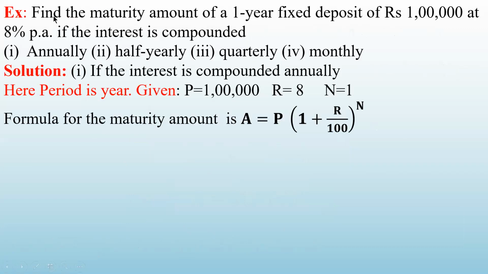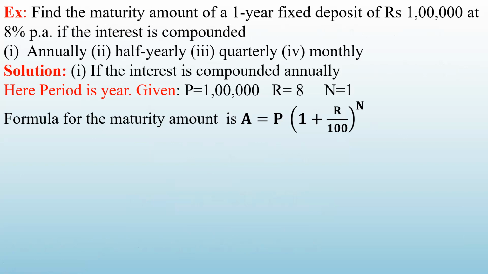Look at this question. Find the maturity amount of a 1 year fixed deposit of rupees 1 lakh at 8% per annum if the interest is compounded annually, first one, second half yearly, third quarterly, and fourth monthly.